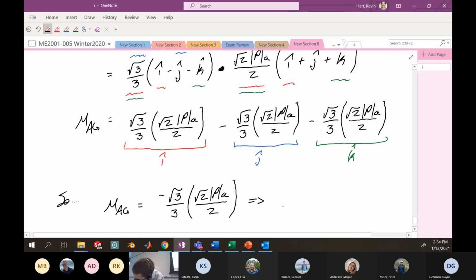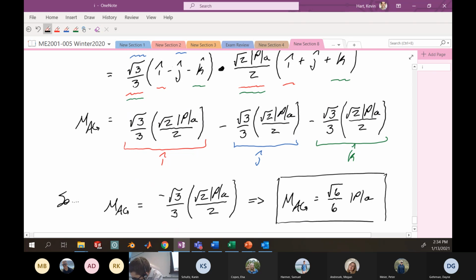Or if you simplify this, this is root 6 on 6 magnitude of P times A. You can put a negative here.